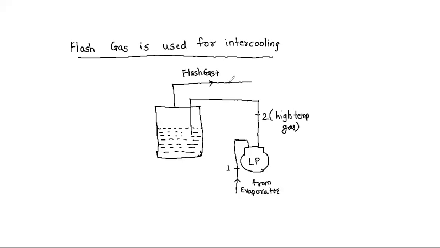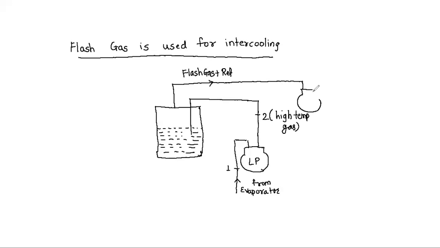Let us say that this combination enters. Flash gas is also a refrigerant, but the refrigerant which is to be sent to the high pressure compressor, let us say that this is the high pressure compressor.